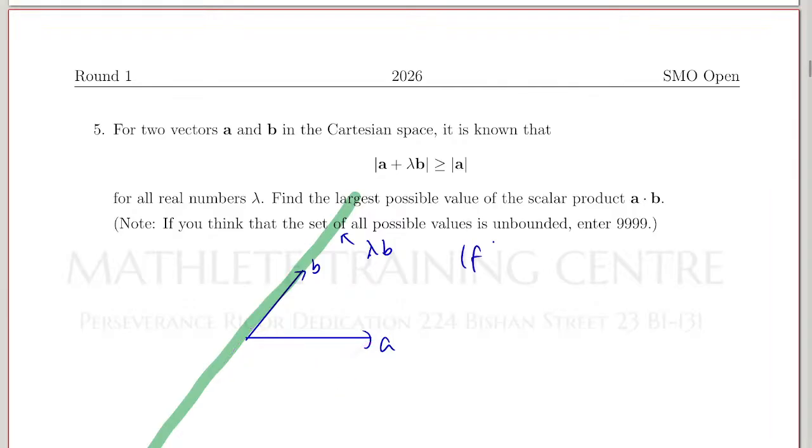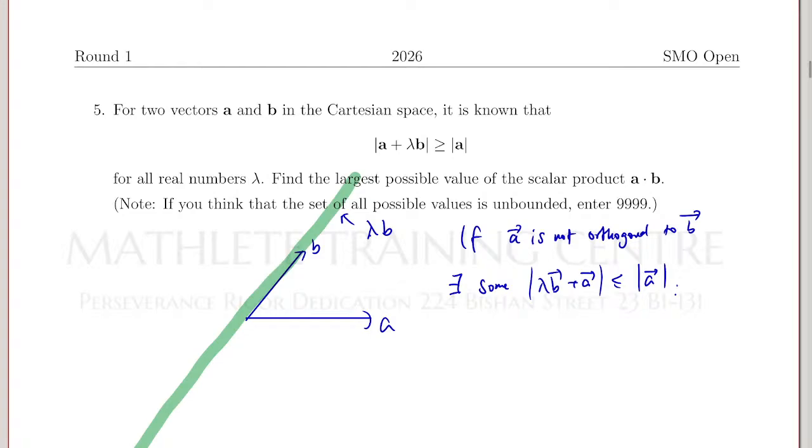So if A is not orthogonal, which is perpendicular, to B, there exists some lambda such that A plus lambda B is going to be shorter than the magnitude of A. Therefore, A should be orthogonal to B. The dot product is supposed to be 0.